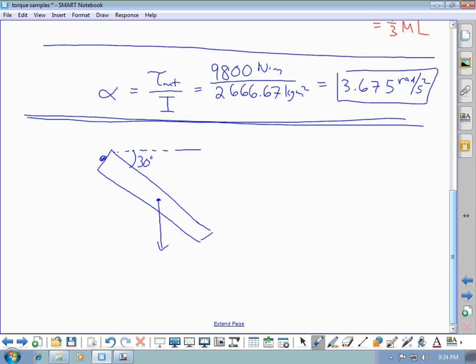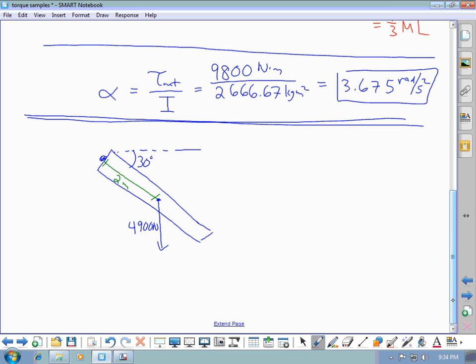The weight of this beam is still 4,900 newtons. This distance is still 2 meters, but this is an example where instead of breaking the force into components, which you definitely could do, and figure out the perpendicular component of that force, the way this is drawn, it's a little bit easier to go through and find the line of action.